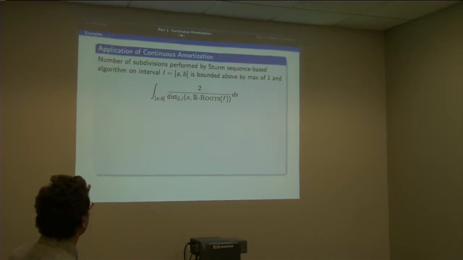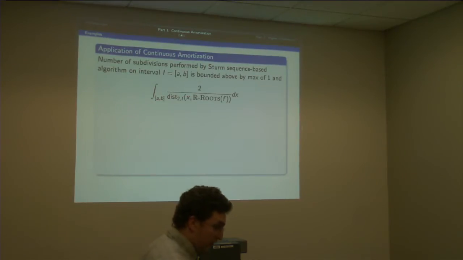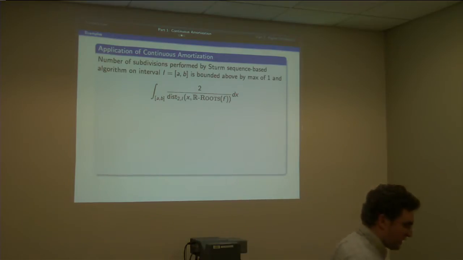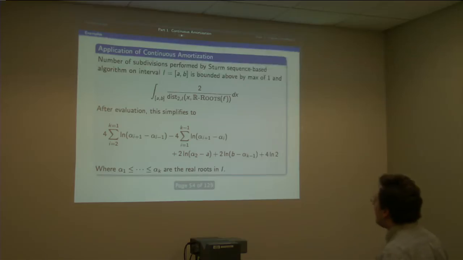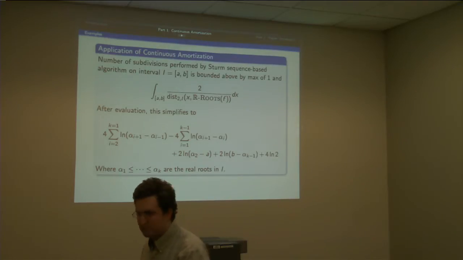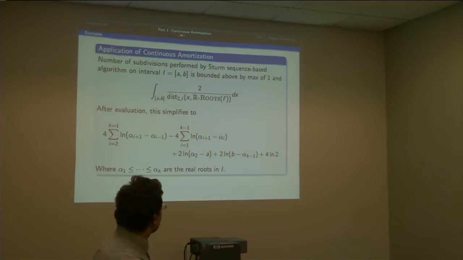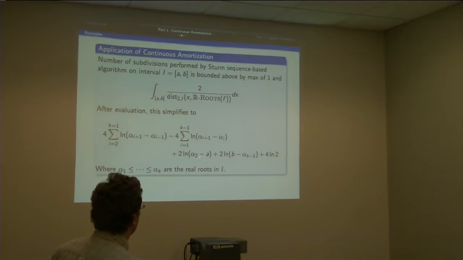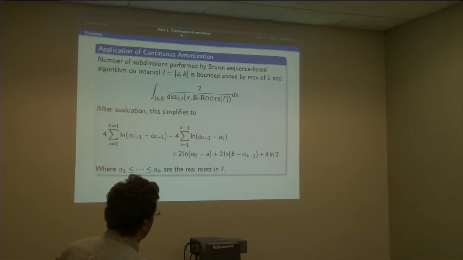We're taking the theorem that I had before, a slightly different version of it. I said max instead of 1 plus, but it's the same theorem. If you evaluate this integral, it takes a little bit of calculation, and you get this. Now let's go through what this says. This is a statement in terms of roots and the endpoints of our interval and a constant.